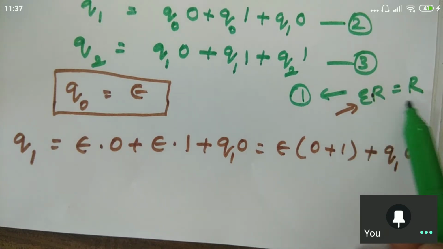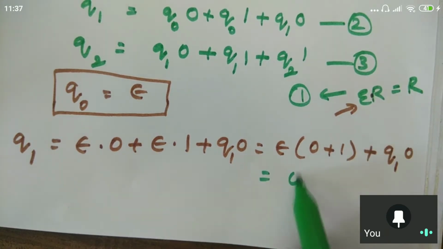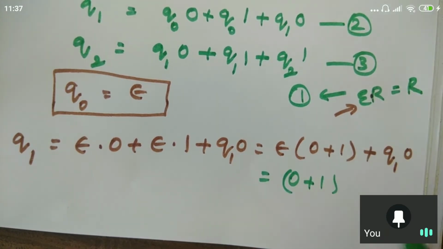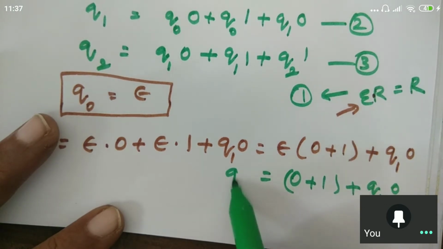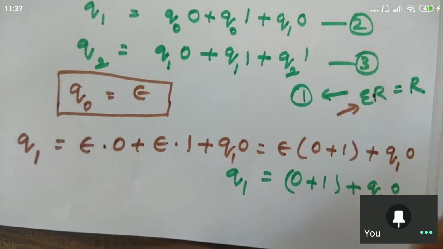So I can write it as 0 plus 1 plus Q1 0. Now you can observe the format.